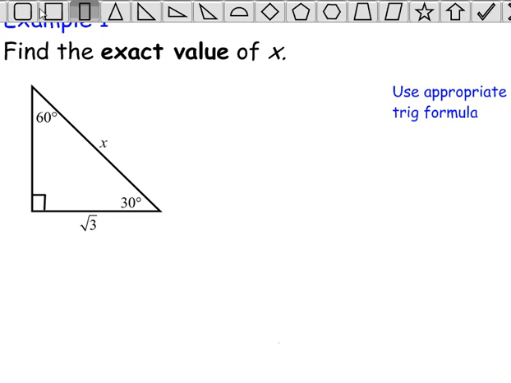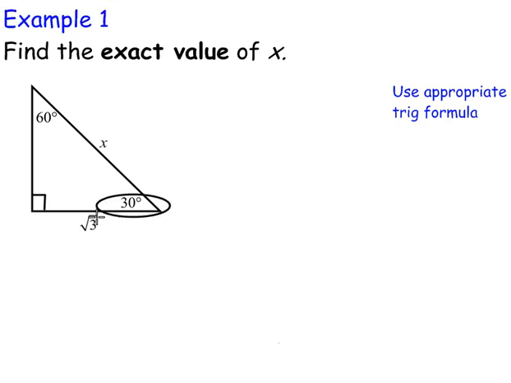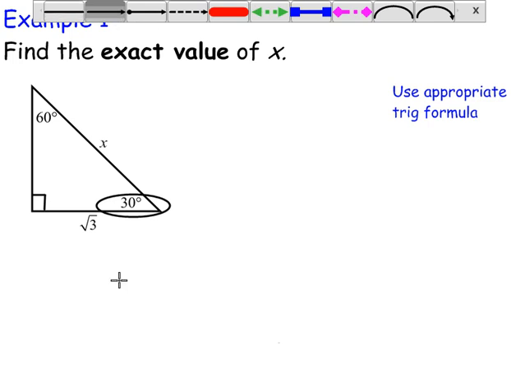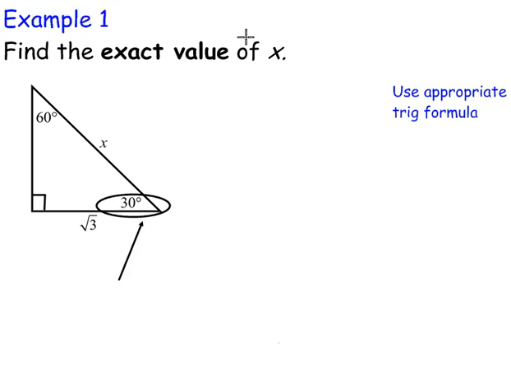I'm going to use the 30-degree angle. So I'm going to use this angle here. So my theta is going to be 30 degrees. So if I'm using 30 degrees, how do I label x and how do I label radical 3? Well, x is the hypotenuse.